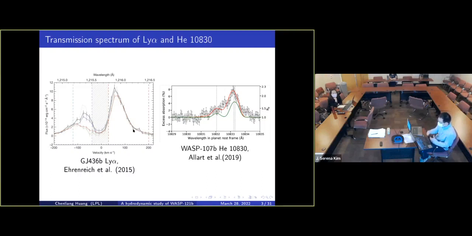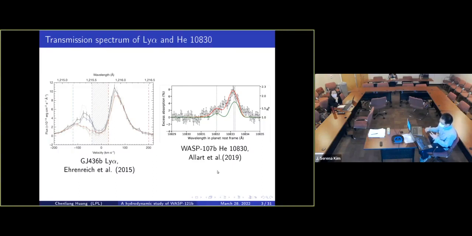One problem of this feature is that because of the geocorona emission and also the ISM absorption between the telescope and the system, we cannot see the center part, which naturally carries most of the information. So unfortunately, we can't see it. In addition, because of the complicated resonance scattering of the Lyman alpha process, it's quite difficult to really construct the atmosphere properties from these Lyman alpha features.